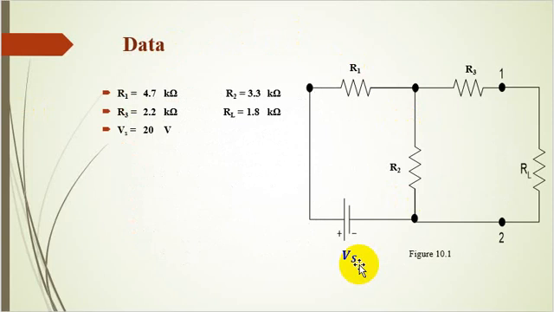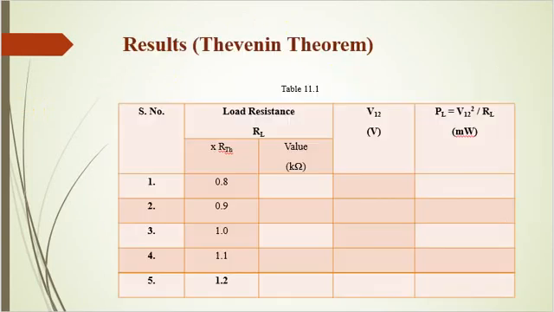Here is the data of your original circuit, and after implementing the given circuit in PSpice, you are supposed to fill up these results that are based on the Thevenin theorem, in which you can see that your R Thevenin is going to change by a multiplying factor of 0.8, 0.9, 1, 1.1 and 1.2.